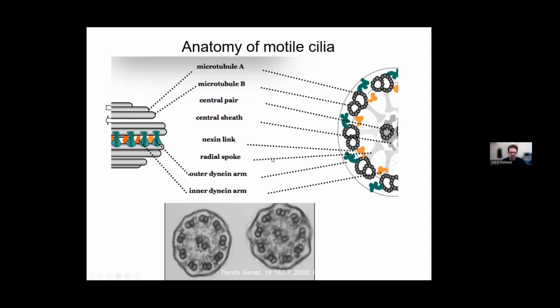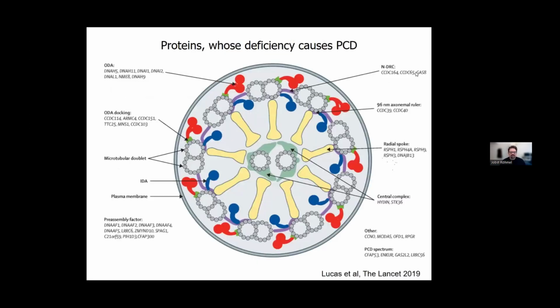I'm telling you all these structures because in all of them you can have defects, and all of them can cause PCD in different forms. The radial spoke, the central pair, and the nexin link are also components that are important for the cilia to work. To go a bit more into detail, you need specialized proteins.